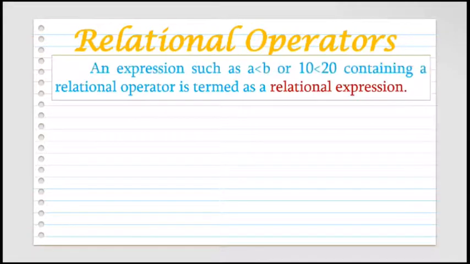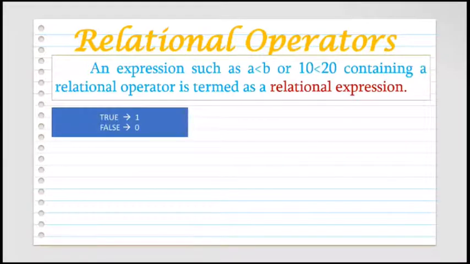An expression such as A is less than B or 10 is less than 20, containing a relational operator, is termed a relational expression. The value of a relational expression is either 1 or 0.